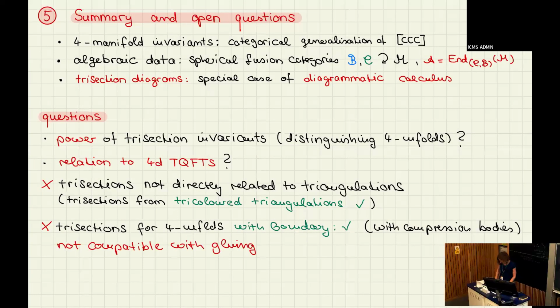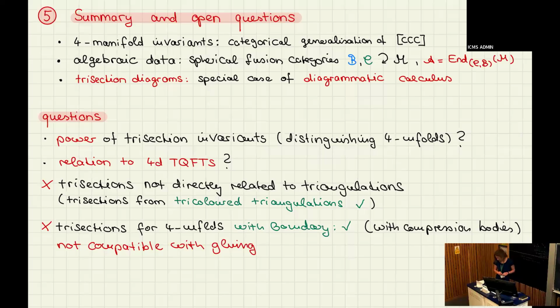The other thing that is not obvious is that one could say, okay, maybe triangulations are not the best idea. Let's just generalize the trisections to manifolds with boundaries. And in the paper by Gay and Kirby, this has also been done. There is a boundary counterpart that works with compression bodies. This is fairly natural from their focus to define it like they define it, because they're interested in these Morse 2 functions.